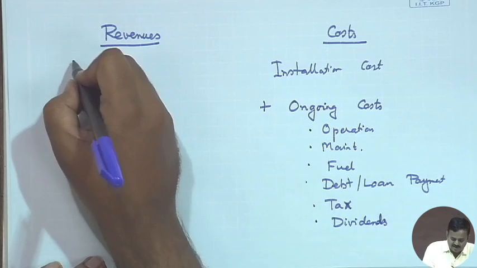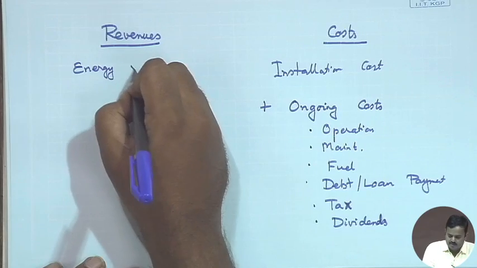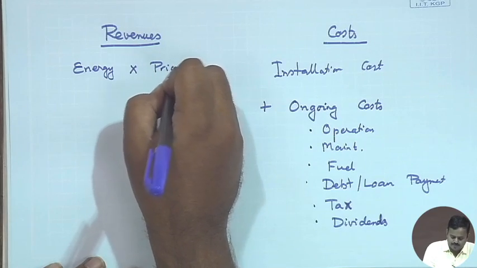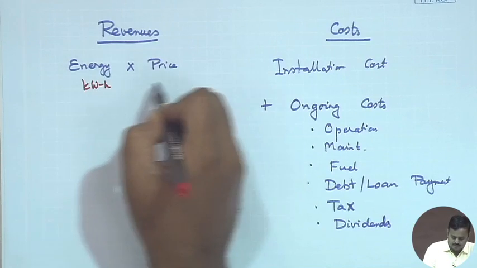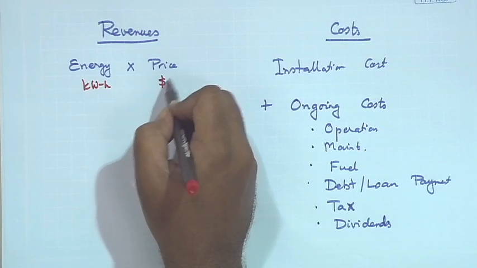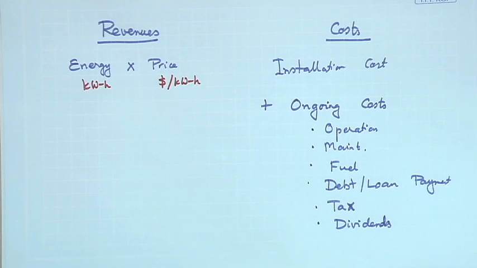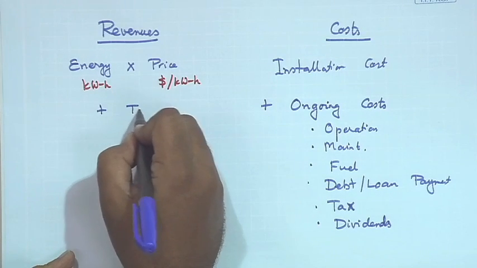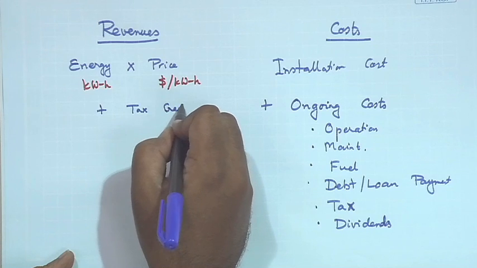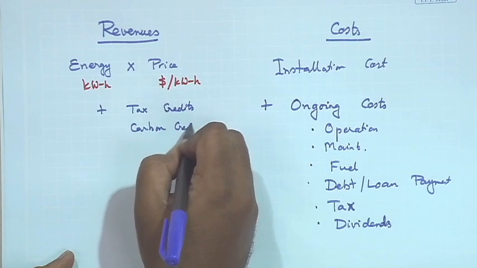Okay. What is the revenue? Revenue is your energy times price, this is kilowatt hour and this is dollars per kilowatt hour. Okay. And there can be other revenues also, plus let us say tax credit, carbon credits, etc., etc.